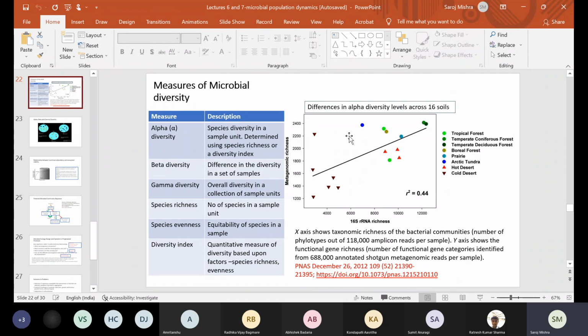All right, so here was an example where we left off last time. On the x-axis here we have 16S ribosomal RNA richness. In other words, if you take, for example, a soil sample from a forest, extract the total DNA, and with universal primers try to find out how many different types of 16S DNA molecules are amplified.